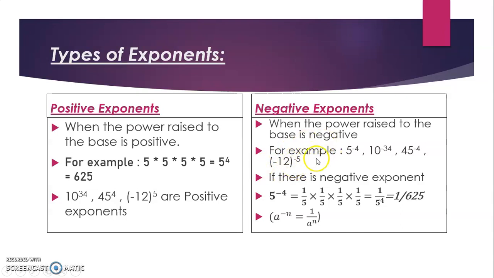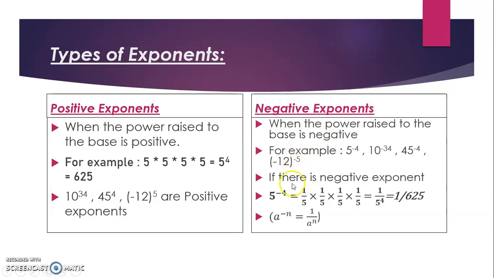The numbers inside the bracket can be negative or positive, but for negative exponents, the power should be in the negative form.